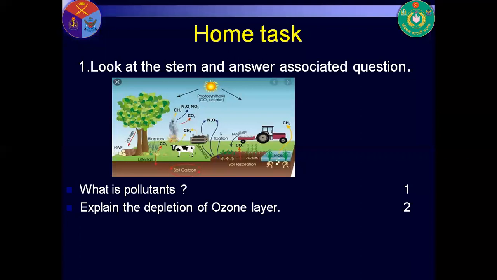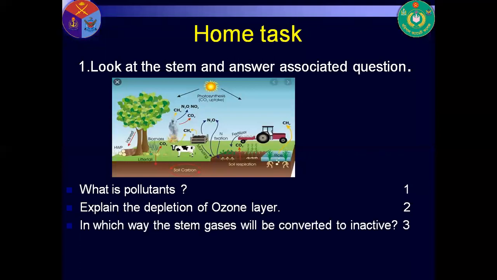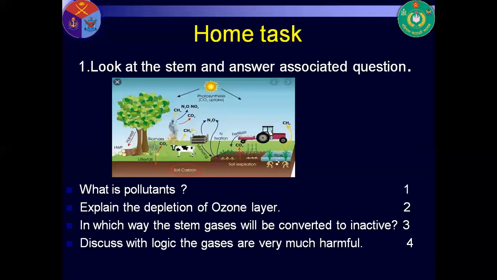Ozone layer depletion is caused by CFC. These gases are converted to inactive forms by using a converter, through different chemical reactions. They are very much harmful because they create the greenhouse effect and health hazards. For this reason, these gases are very much harmful. In this way, you will answer the question and give me feedback.